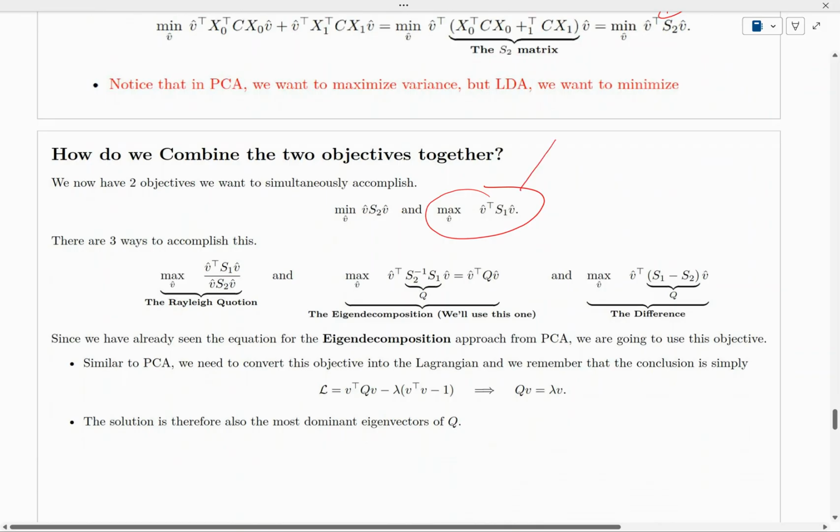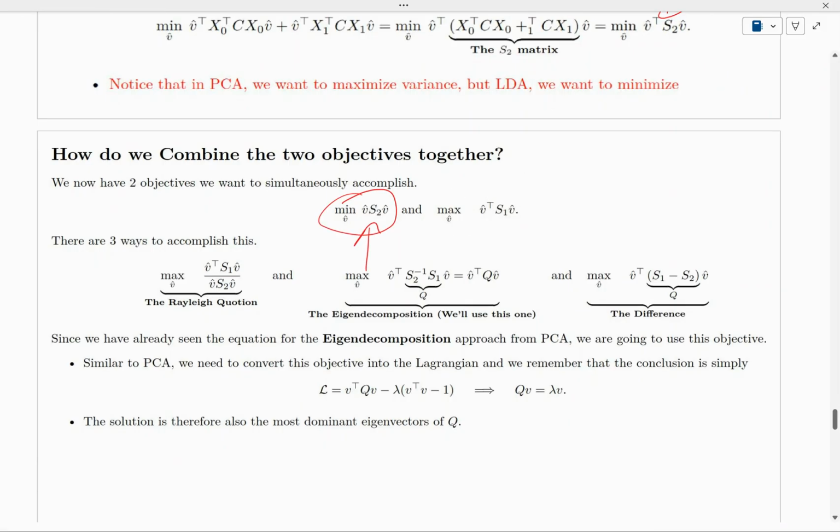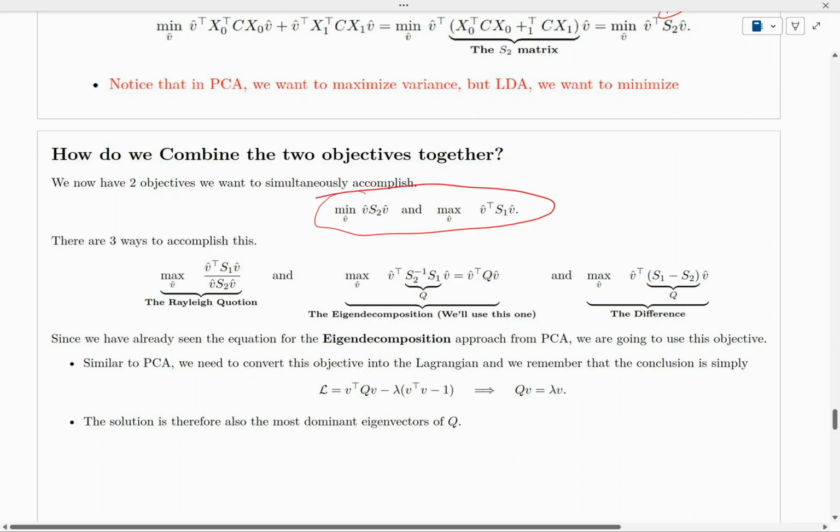So we have now one for S1, where we're trying to maximize the distance between centers, and two for S2, where we're trying to minimize the cluster size. Well, there are different ways to combine these two objectives. One is you're trying to maximize this and minimize this, so you just do the inverse. You notice how you're trying to maximize S1, and you're trying to maximize the inverse of S2. That's one way to do it. This is called a Rayleigh quotient.